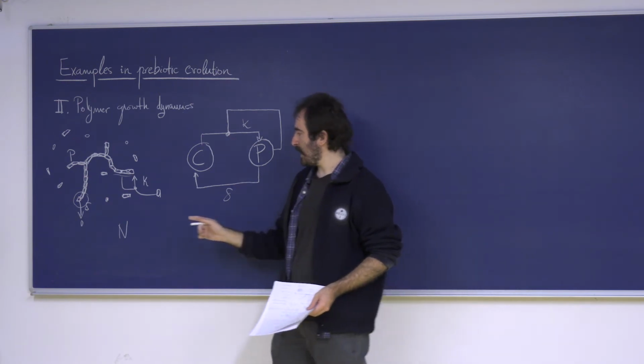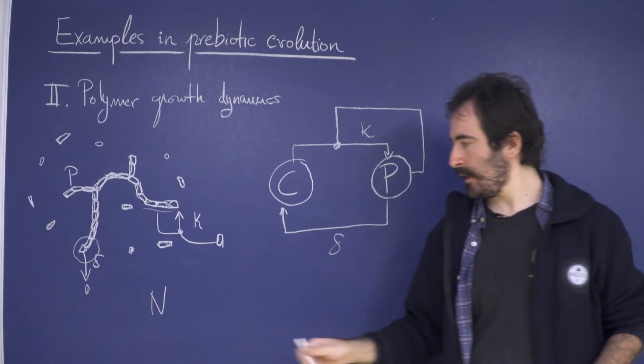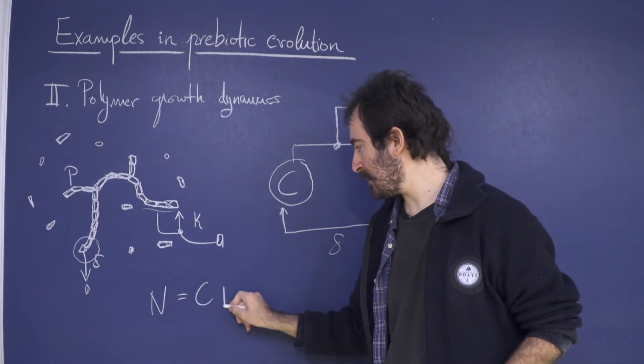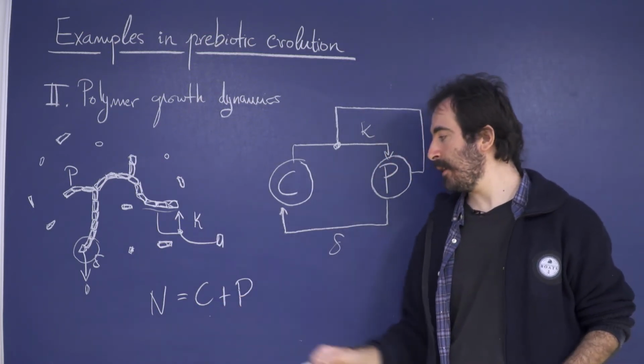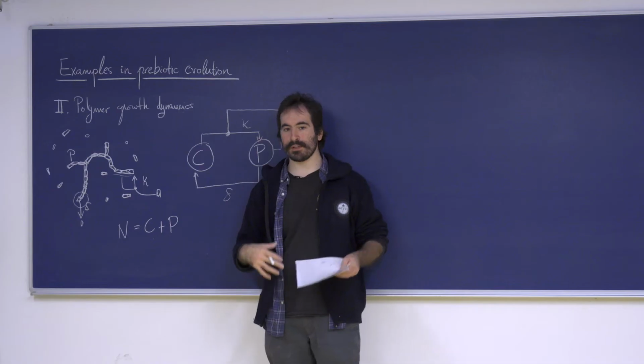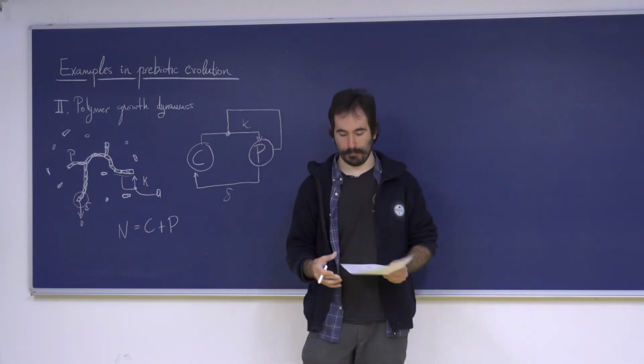Importantly, we have said that the total number of monomers is fixed, right? We are calling it N. Therefore, we shall have that this is conserved, right? The free monomers and the total number of monomers that are part of the polymer should all the time be a constant value.